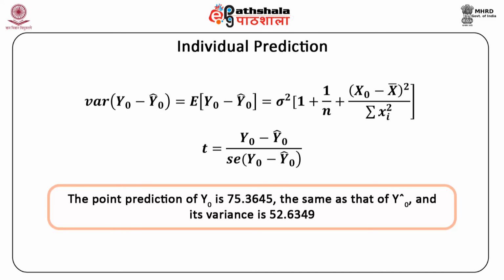Therefore, the 95% confidence interval for y0 corresponding to x0 equal to 100 is seen to be: y0 given x0 equal to 100 is greater than or equal to 58.6345 but is less than or equal to 92.0945.